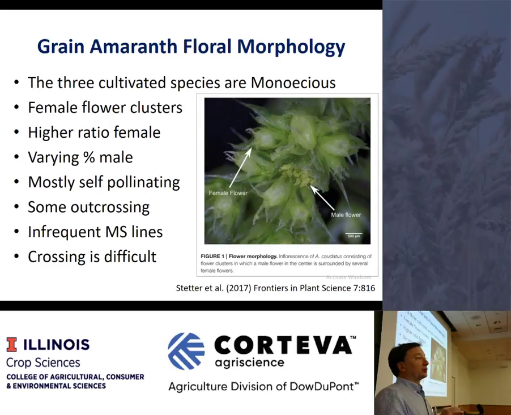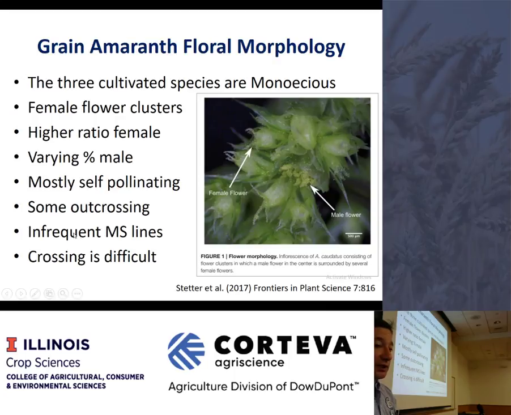I call it a panicle for short. I know it's not really appropriate, but it's just easier than always referring to the large seed head that we have in amaranth. We do have leaves that will come out directly from the seed head and true, large size leaves.